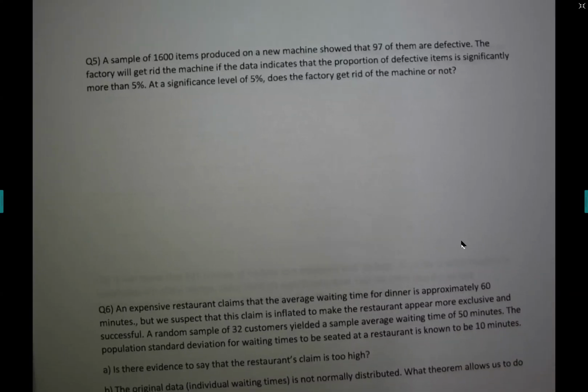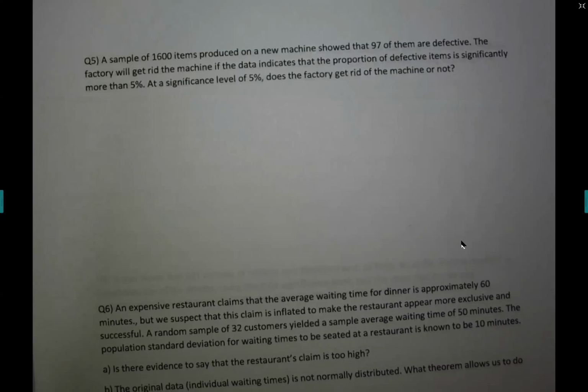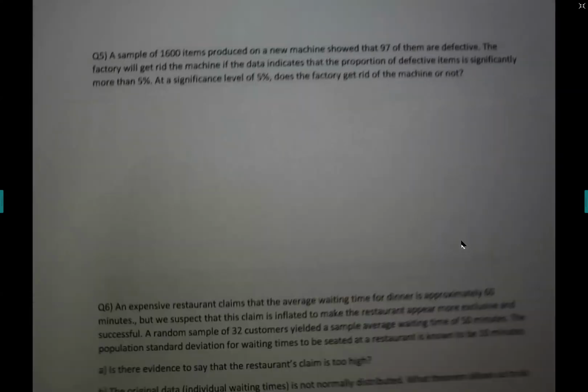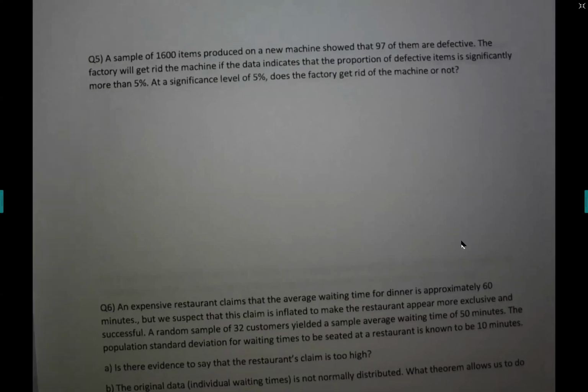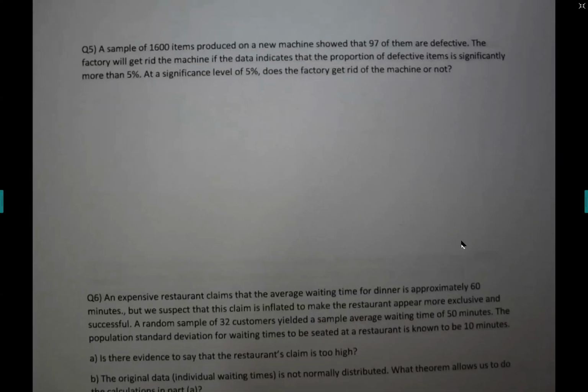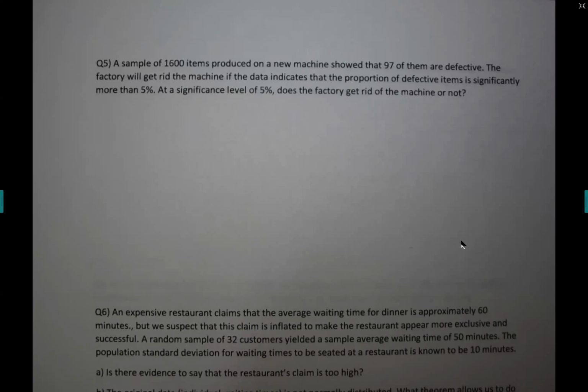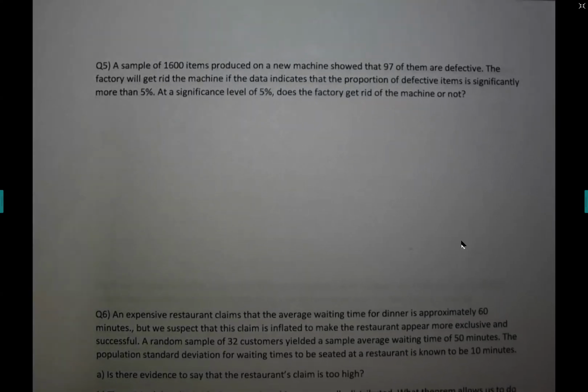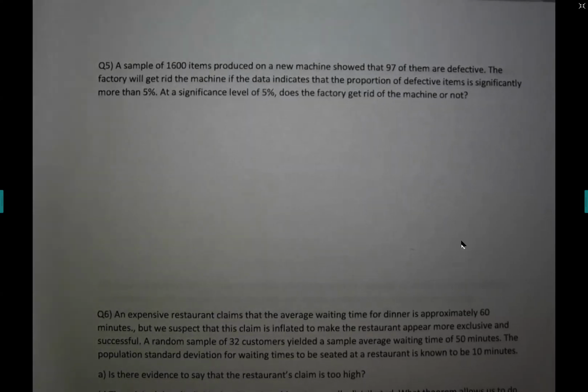All right. For the remaining exercises, guys, we got a few more, I'm just going to tell you what tests to use, and I'm going to have you try to finish them so I can still have time to do some other things before we wrap this up. Let's do question 5. A sample of 1,600 items produced on a new machine showed that 97 of them are defective.